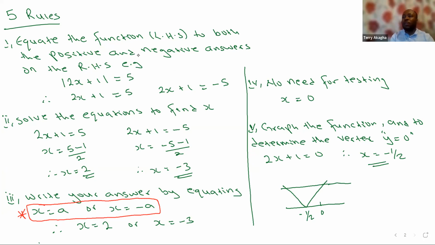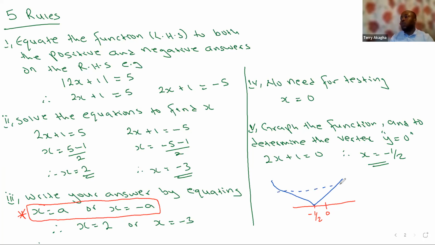Let me make it a little bit clearer here so that it will be easier to see. So let's use maybe color red. So we have, this is 0. Now this is -half.